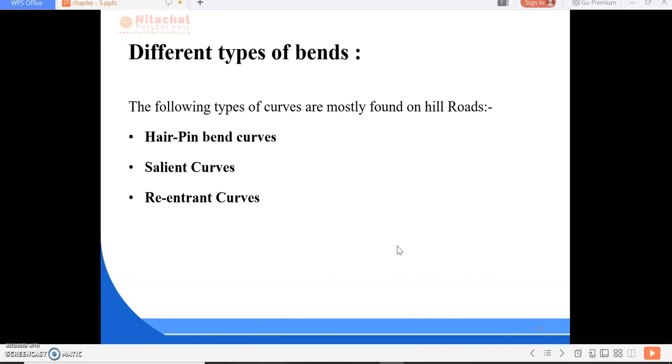In simple curve, we have one single radius, but in compound curve, there are two different radii. In reverse curve, also there are two different radii, or maybe two same radii.